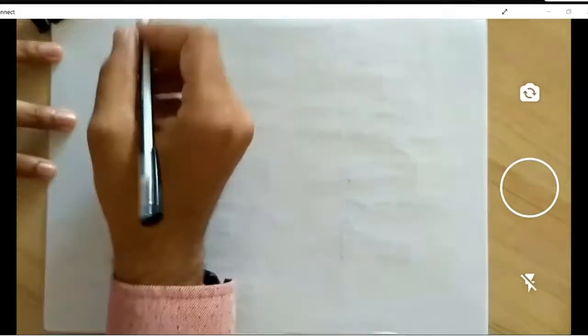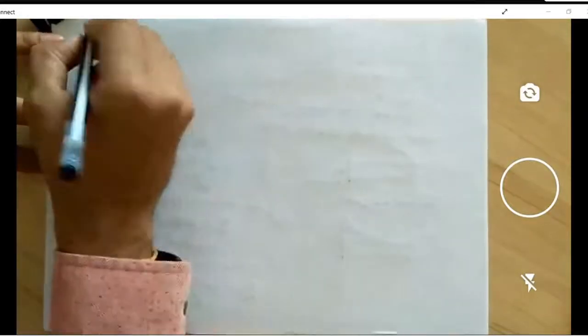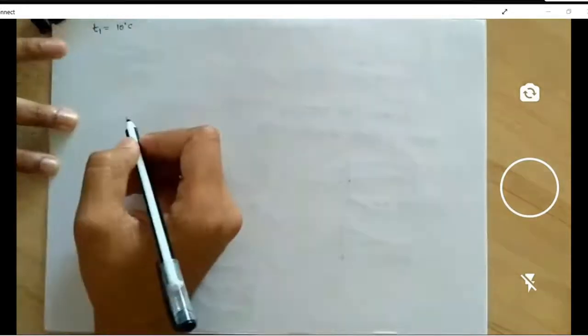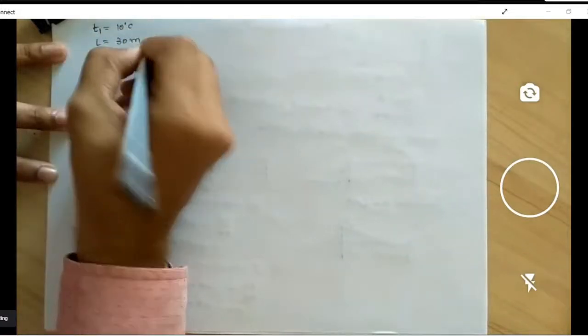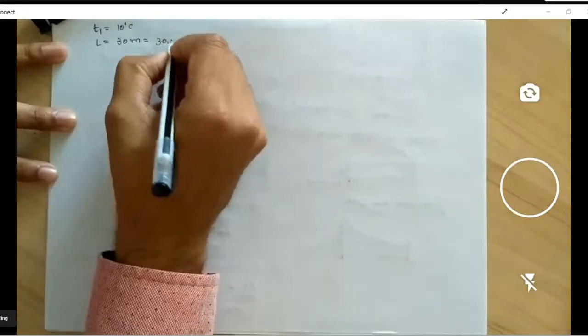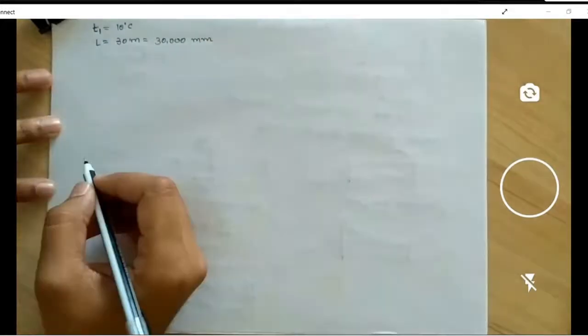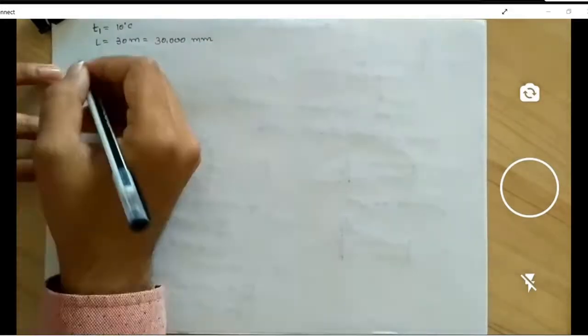So here one railway rail is given. Initial temperature is 10 degrees Celsius, so we say that T1 is 10 degrees Celsius. Length is 30 meters long. Now you have to find the stresses.